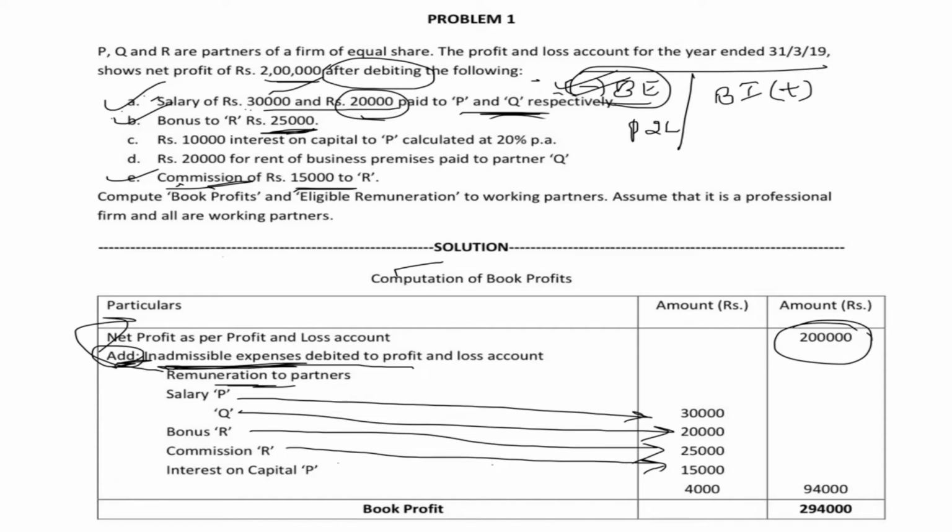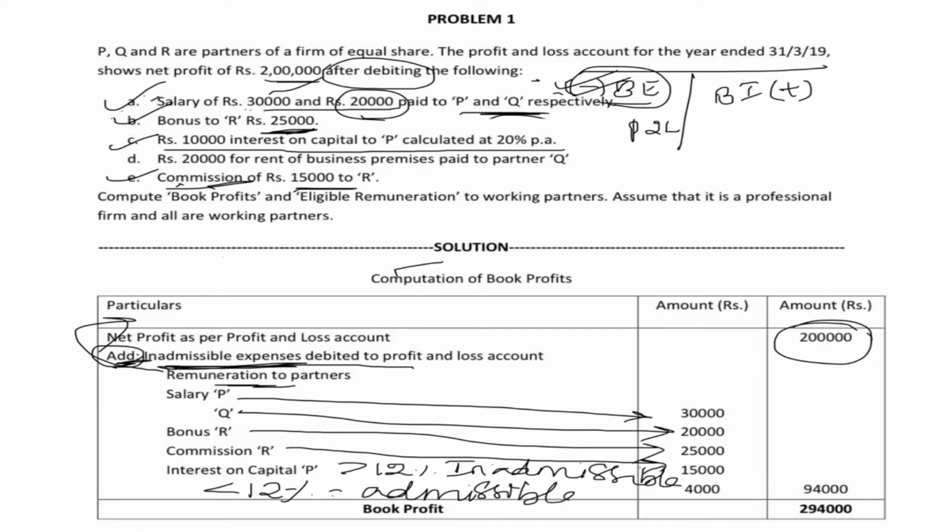Let's move to the next point, point C. Rupees 10,000 interest on capital to P calculated at 20% per annum. As we have already discussed in the pro forma, if the interest on capital given to partners exceeds 12%, then it will be treated as inadmissible expense, and if it is within the limit of 12%, then it will be treated as admissible expense to the partnership firm.